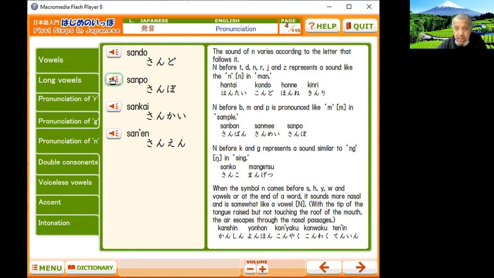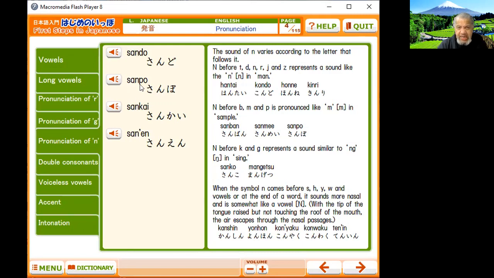How about this one? 散歩 Sampo. Okay. So in the case of N before T, D, N, R, and J: hantai, kondo, hanne, kinni. Okay. The N before B, M, and P is pronounced like M in the word sample. Most foreigners don't detect that sound. That's a nuance.